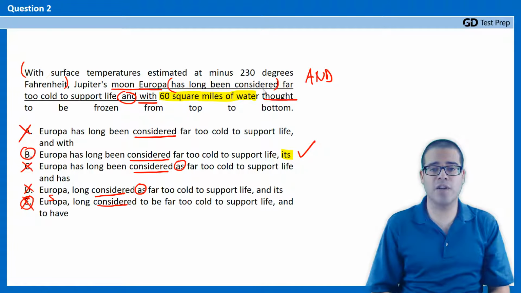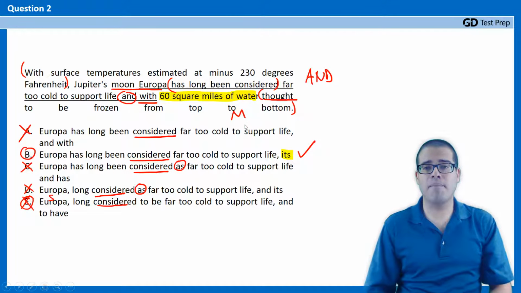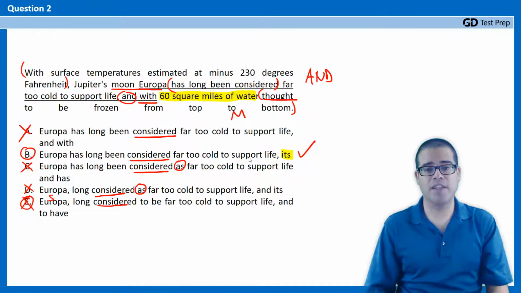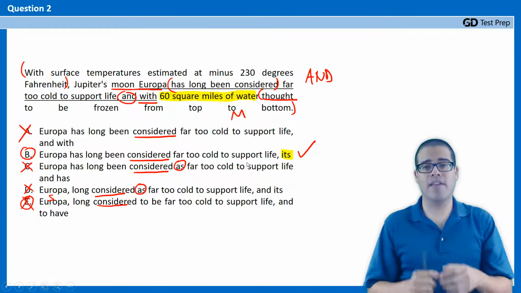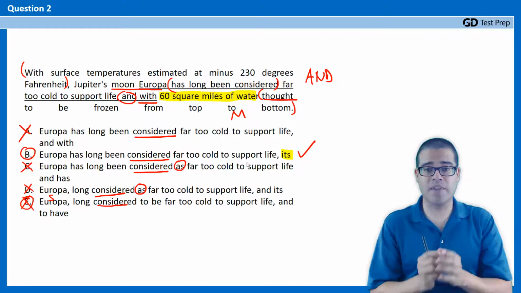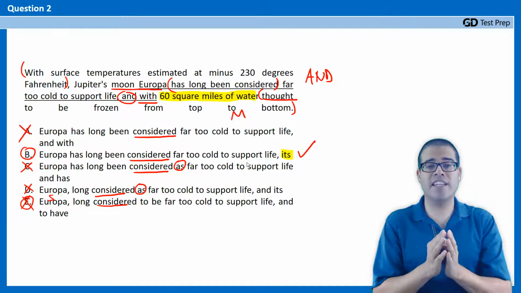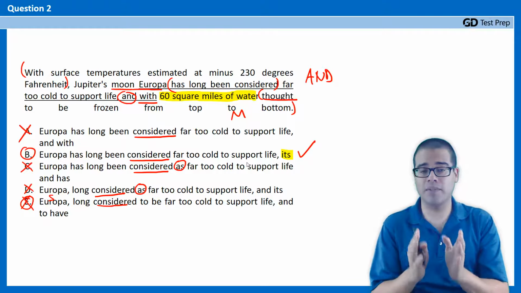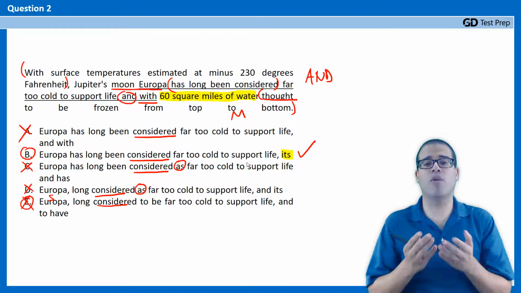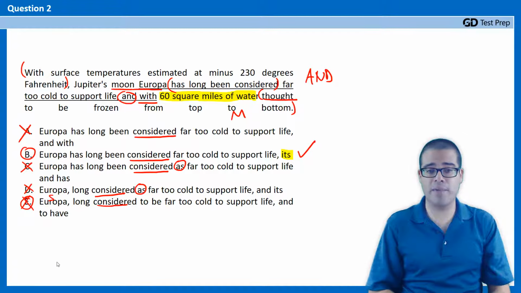So it starts at thought and it ends at bottom. That whole thing would be the participle phrase modifier. It's a past participle. So again, the absolute phrase in B also begins with the possessive it's. You have it's 60 square miles of water, that's your noun. Thought to be frozen from top to bottom is the modifier. Okay, so don't forget about that.